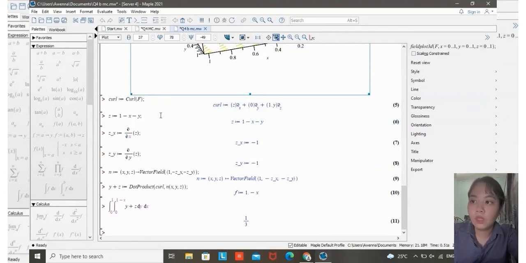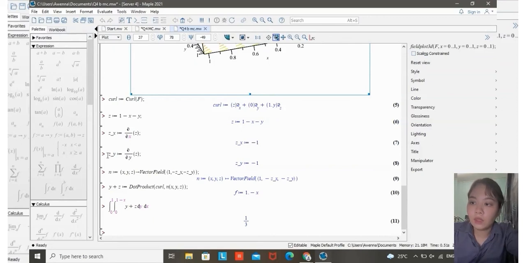And now we shall use the value of z, where we use the value for 1 minus x minus y. After declaring the value of z, we will then differentiate z with respect to x, where the function is written as z underscore x, and we have gotten negative 1.